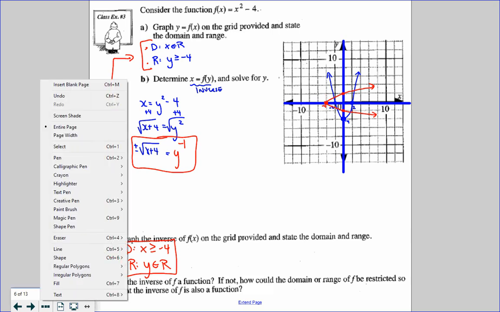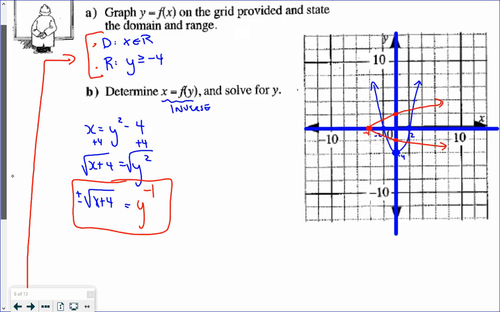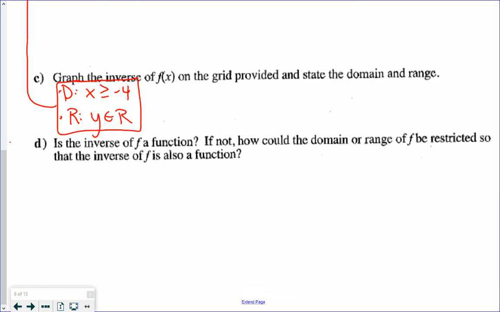Okay, last question with this example is, is the inverse of f a function? No, it's not. So it says, if not, how could the domain or range of f be restricted so that the inverse of f is also a function? This is a question that the diploma does like to pick on.